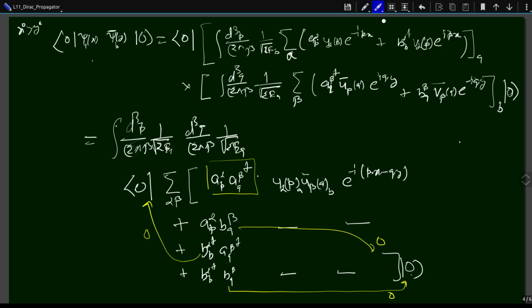So now I can come over here and say what my fourth term was. So this is that I can directly use it. So it had v alpha p v bar beta, the a and b-th element of it, along with exponential i p dot x minus q dot y.